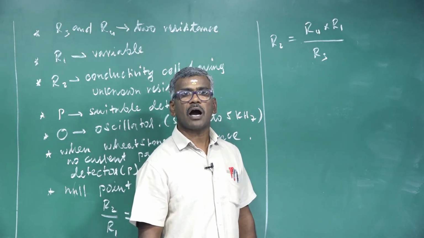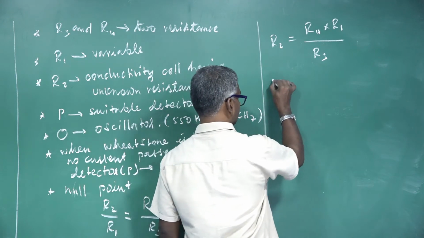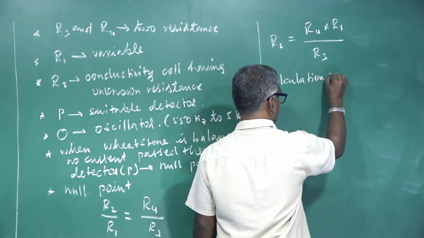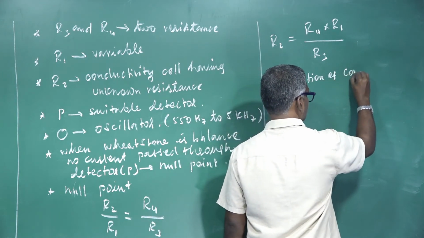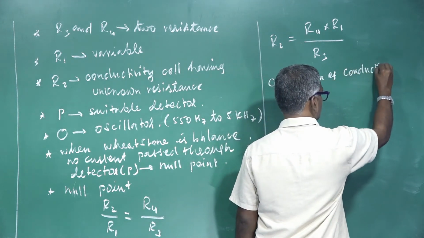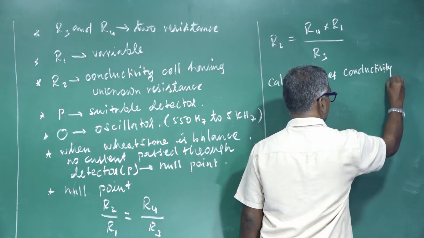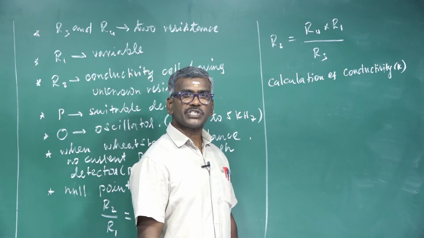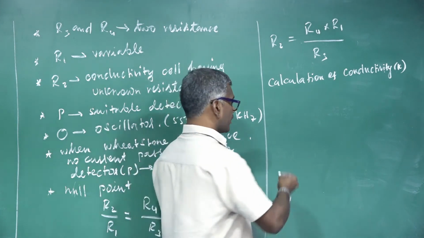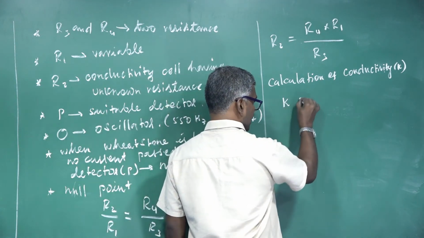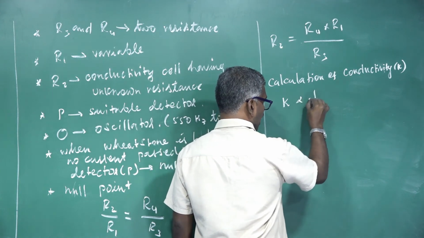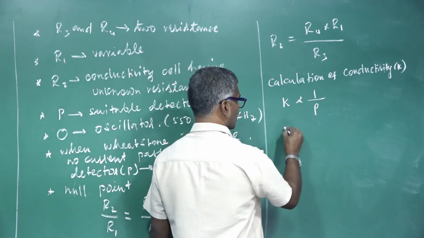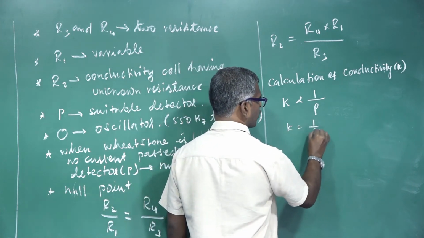Another topic, calculation of conductivity. Conductivity notation is kappa, that is K. Conductivity is the reciprocal of specific resistance, that is K is equal to 1 by rho.